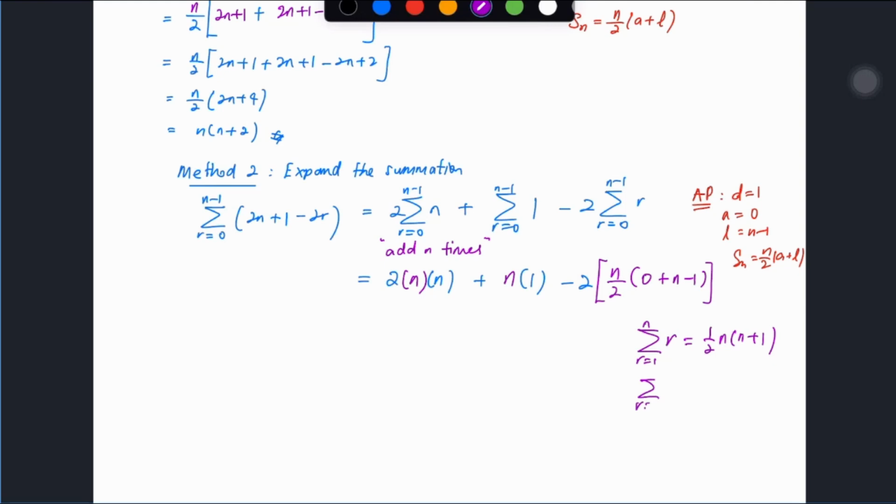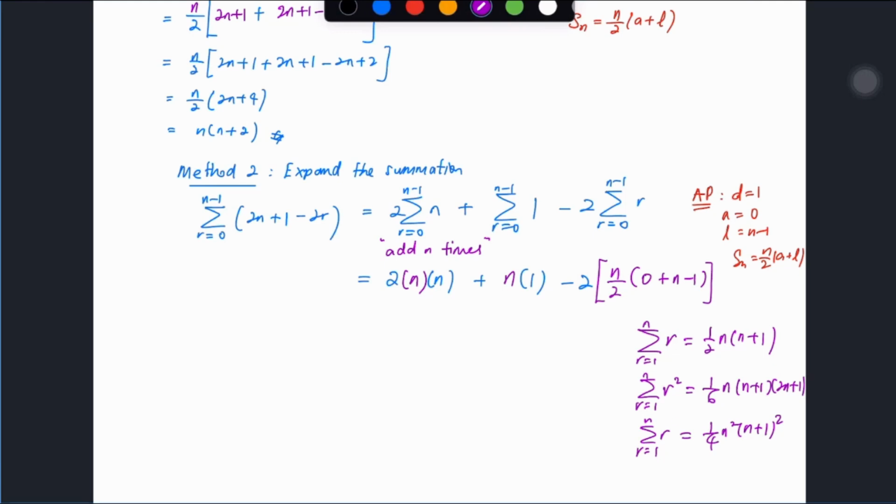Now let's say if you're summing r square, this would be 1 over 6 n 2n plus 1, if I'm not wrong. Sorry, n over 6 n plus 1 2n plus 1. Then if it's r cubed, this would be 1 over 4 n square n plus 1 square. Something like that.